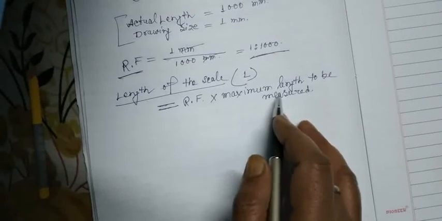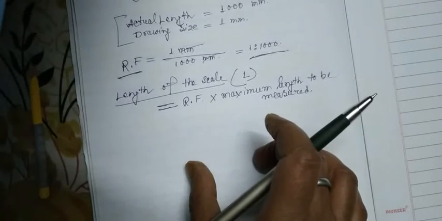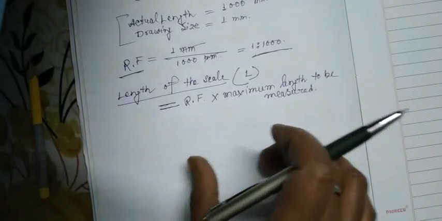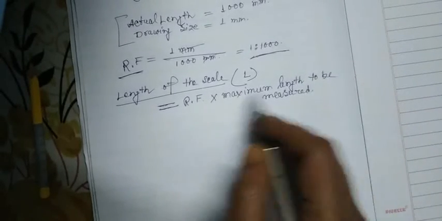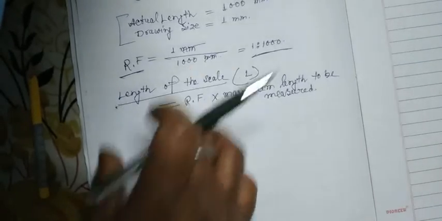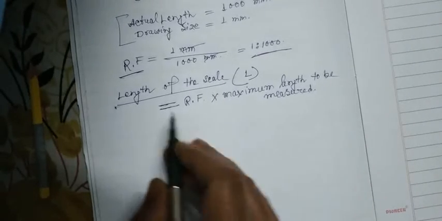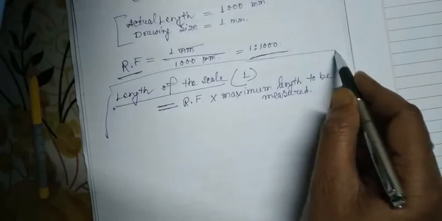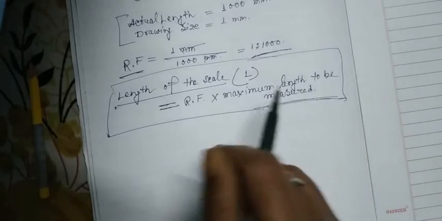It means that if we have to draw a scale, by this scale we can measure some maximum length. And to draw the length of the scale, it should be RF times the maximum length to be measured. So two formulas are required to draw a scale.